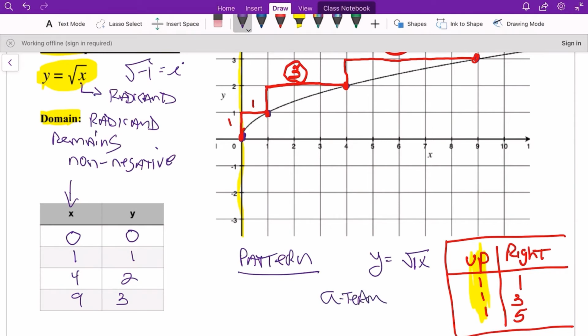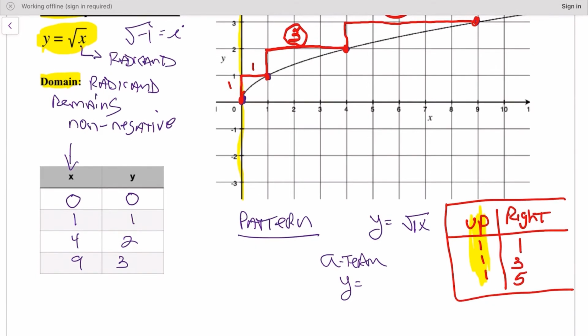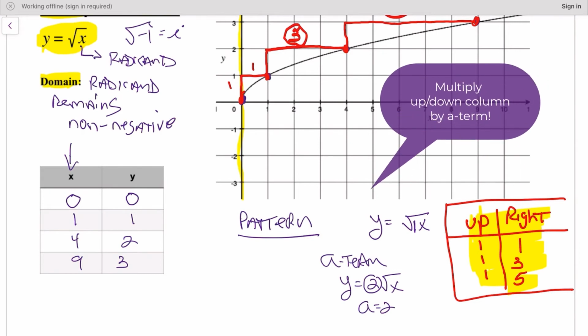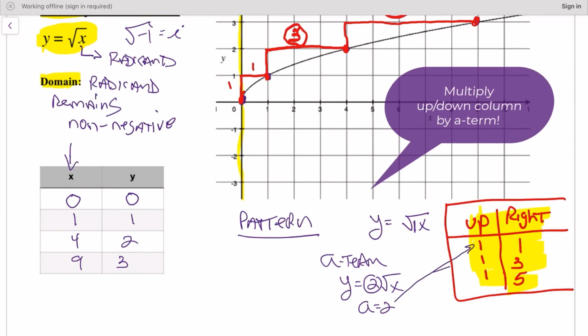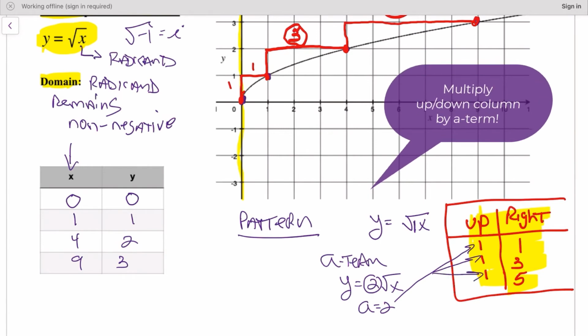So for instance, if we had y equals 2 square root of x, the a term is always outside the function. A is 2. So we would start out with the original table, and we're going to do this when I do the graphs. Then all you would do is take this value of 2, or whatever value is in front of the square root, and multiply it times that step there.